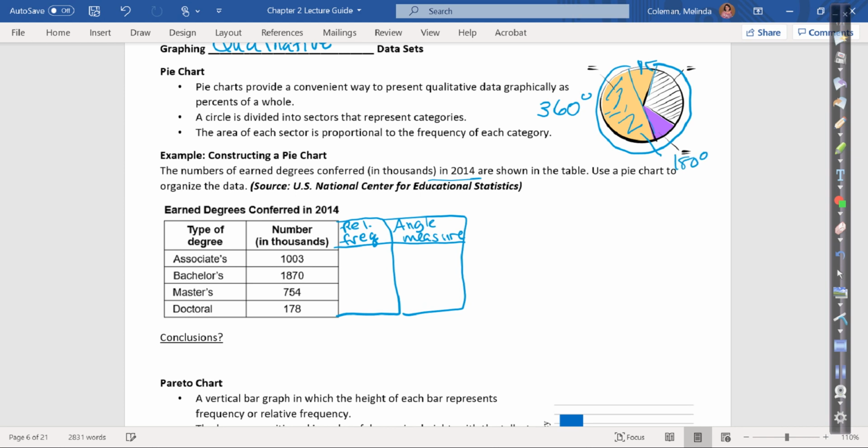So I have a little bit more. And this portion that's 180 degrees also would represent about 50% of my data. Now that's just looking at this part of the gold.